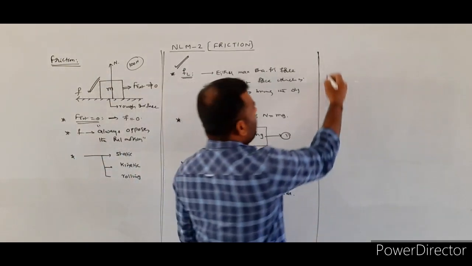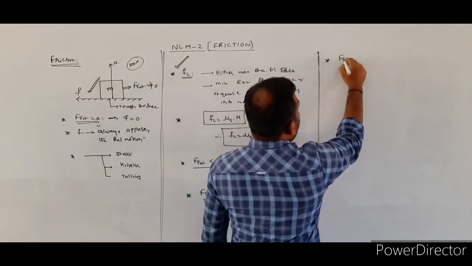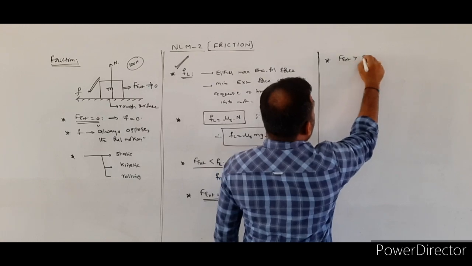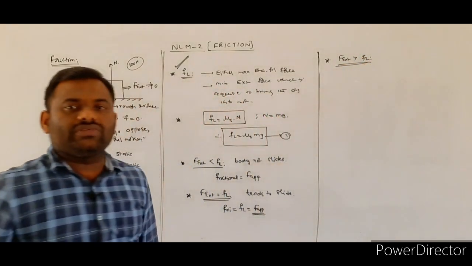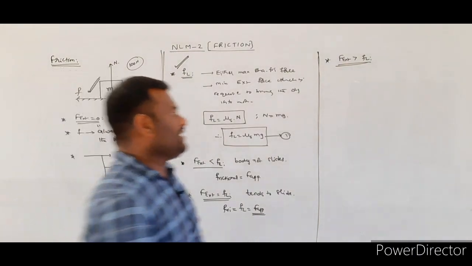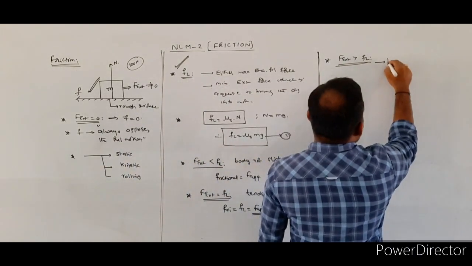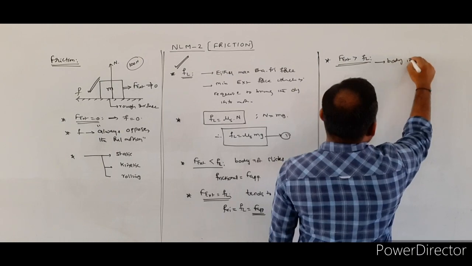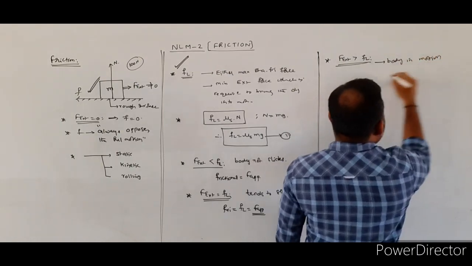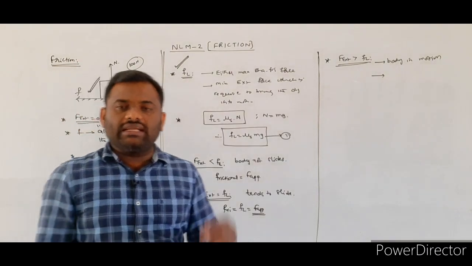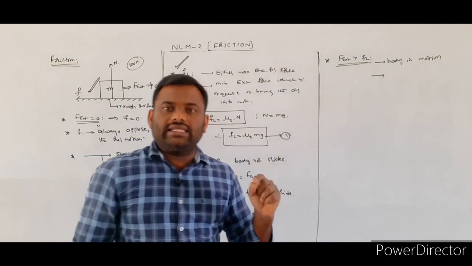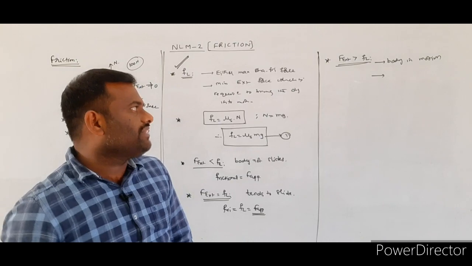Next, in the third case, if the applied force value is greater than the limiting friction, in this case the body will be in the motion. Whenever the body is in the motion, which type of friction exists? That friction is called either kinetic friction or dynamic friction.